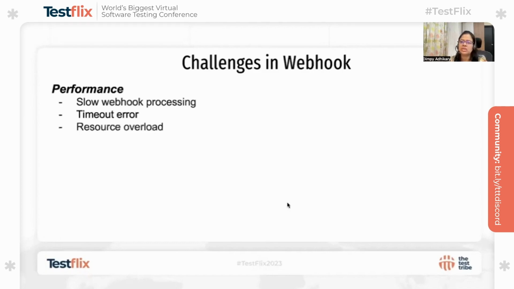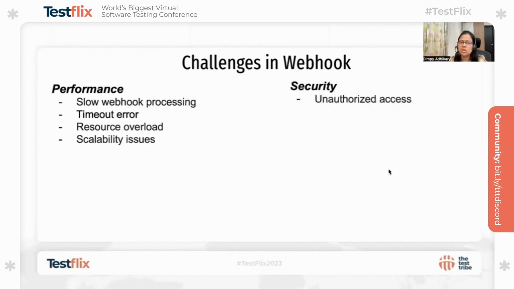Resource overload: if the webhook endpoint is overloaded with webhook requests, it may run out of server resources. Scalability issue: if the webhook endpoint is not scalable, it may not be able to handle high volume of webhook requests. Suppose your application expects very high volume for a particular time of the year, like a Christmas sale.